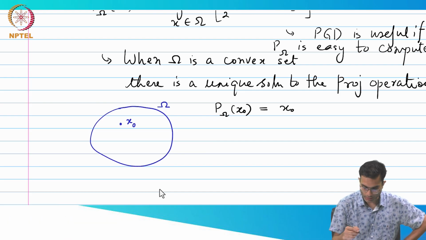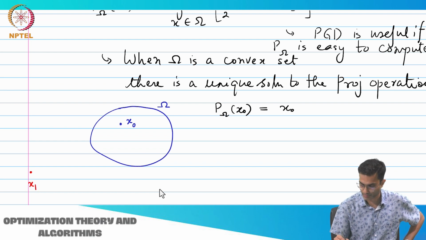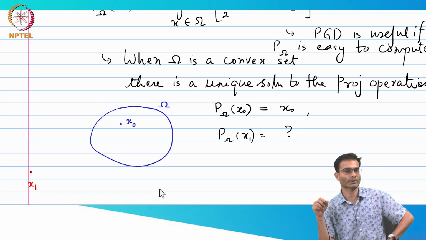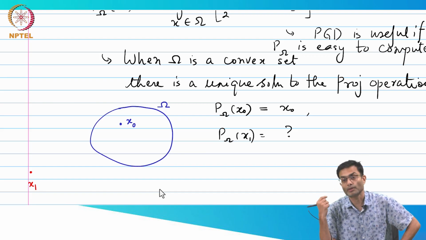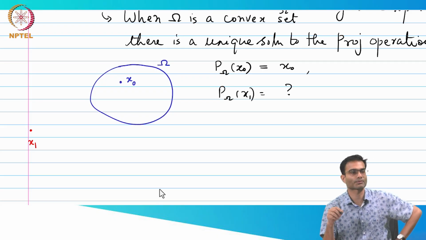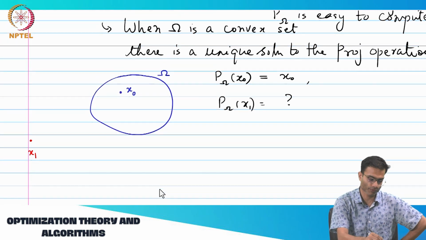Okay. Now let's take a point over here, x1, and the question I'm asking now is, right? That's what I want to know. So at least from a graphical perspective, how do you think we should start solving this problem? You see the algebraic definition.